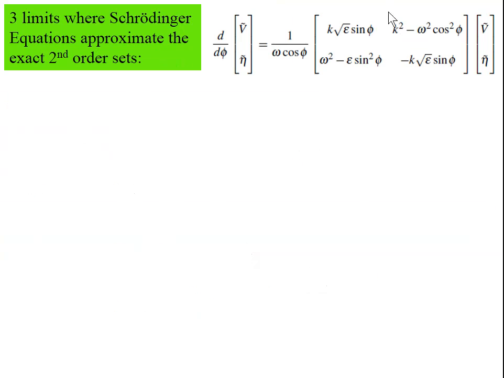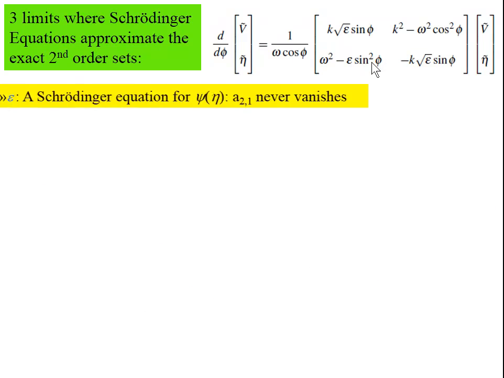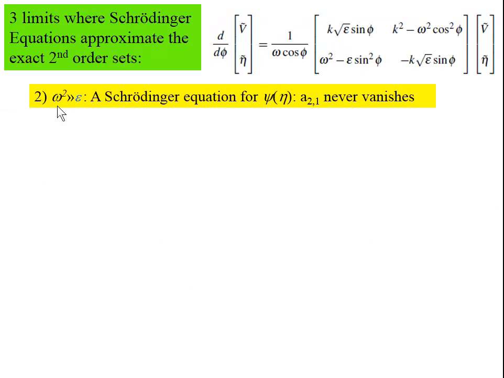Here I'm just summarizing what we can do with it. When omega squared is very large, this term doesn't vanish, and then we can get an approximate Schrödinger equation for a function which is related to eta.